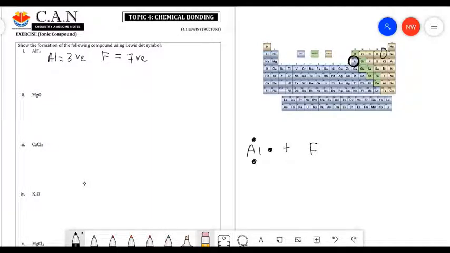AlF3 kan, maksudnya jadi ada 3 atom fluorine yang akan menerima elektron daripada aluminium. 1, 2, 3, 4, 5, 6, 7. Kejap ya, biar I draw atom fluorine ni lebih cantik sikit sebab rasa macam tak cantik.